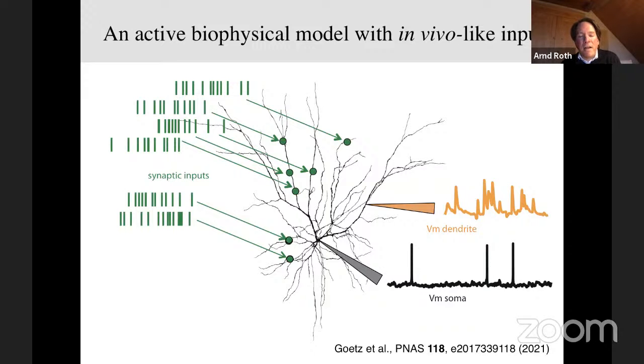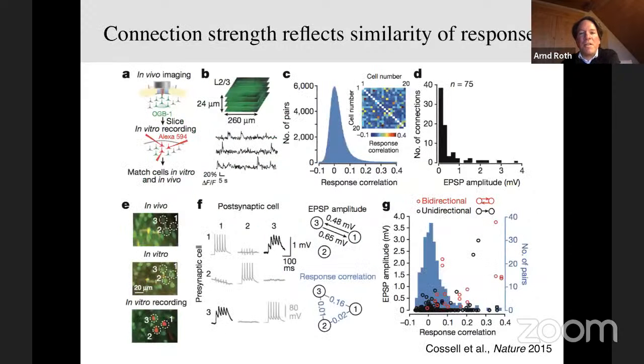And in that regard, we took note of recent work from our colleagues in London who first did 2-photon imaging of visual responses of neurons and then made brain slices from the same mice, registering the same neurons. So they knew, when they patched neurons in the brain slice, what the response properties of these neurons had been in vivo.